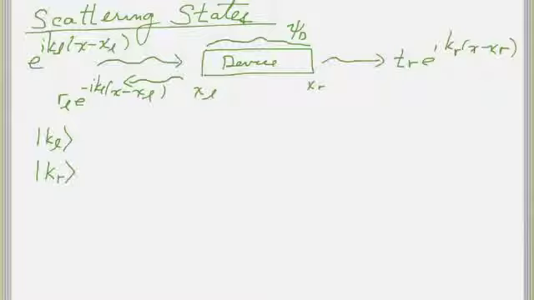And this total set of states, k_L, k_R, for all possible k's, left and right, they form a complete orthonormal basis.